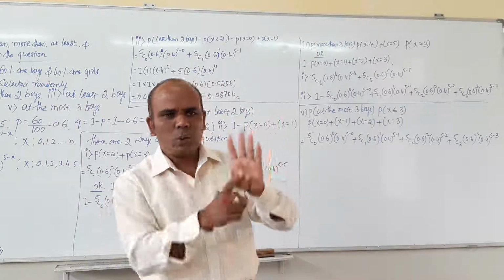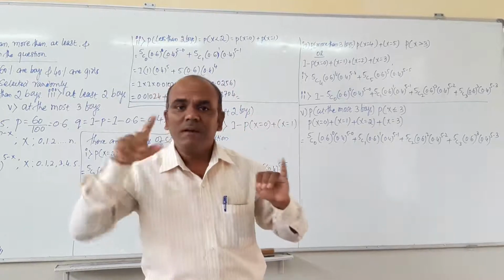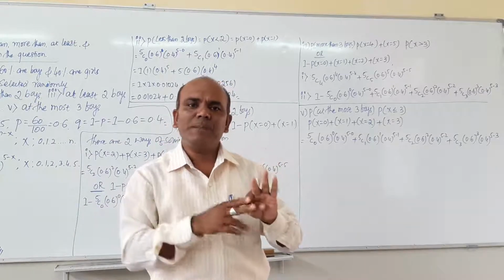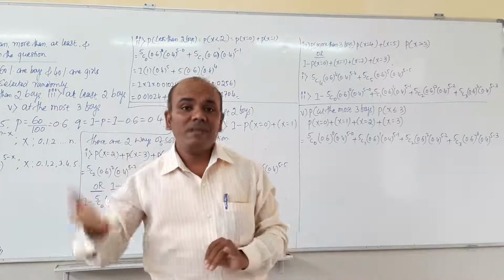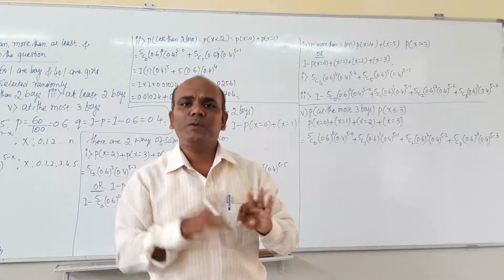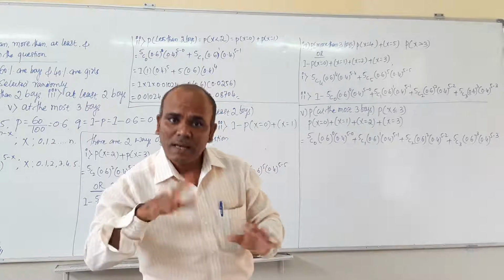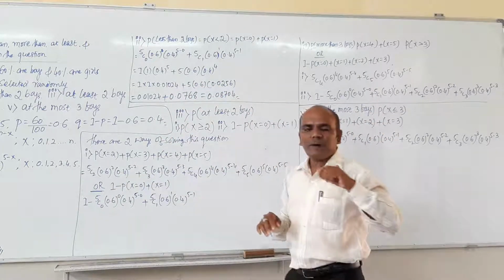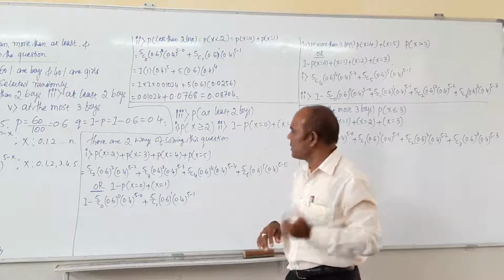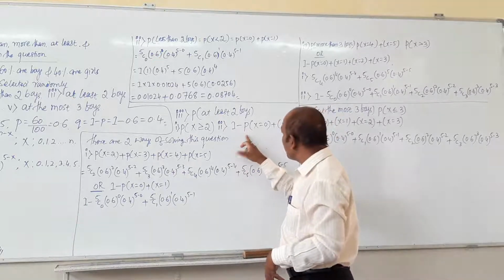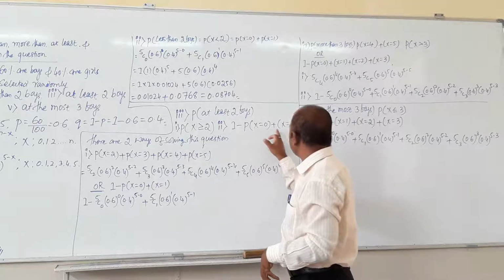It means 2, 3, 4, 5. Whenever they ask at least 2, then 2 plus 3 plus 4 plus 5. Whenever they ask at least 3, then 3 plus 4 plus 5. Like that you have to solve the question. Or there is one more solution for such a question, that is 1 minus P when x equal to 0 plus x equal to 1.